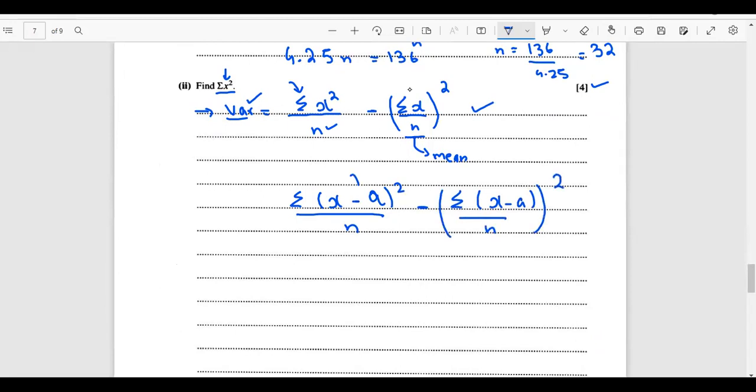As long as this thing is subtracted in both of them, you are going to get the correct answer. Your answer would not be affected by this minus a. So you can use this to find the variance and then use the variance in this formula. Do you get this, Munja and Ashal?